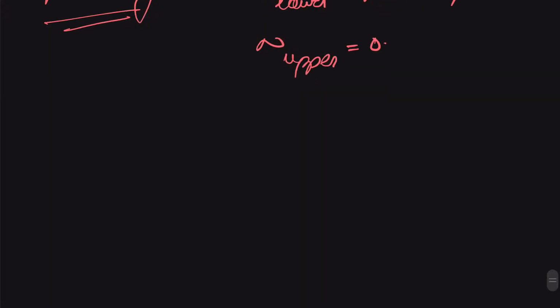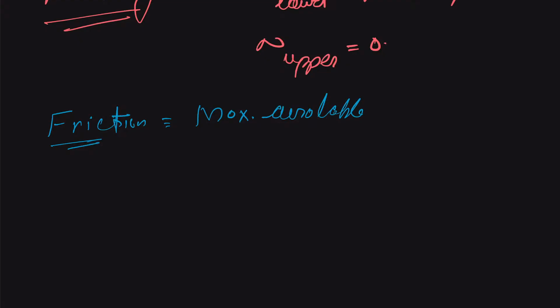And then we come to the frictional force, which is our maximum available, F max is equal to mu times N lower.